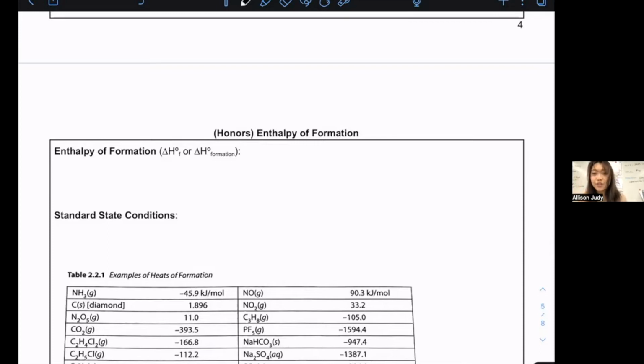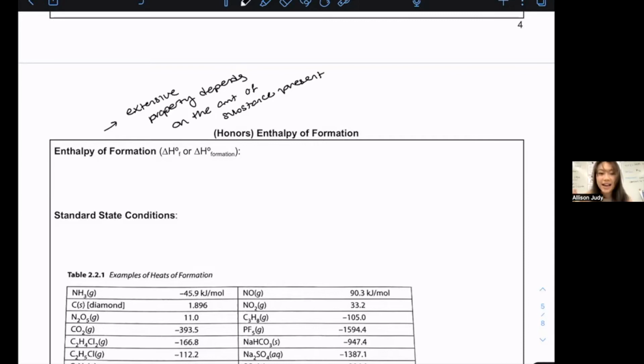Remember that enthalpy is what we call an extensive property, which means it depends on the amount of substance present.